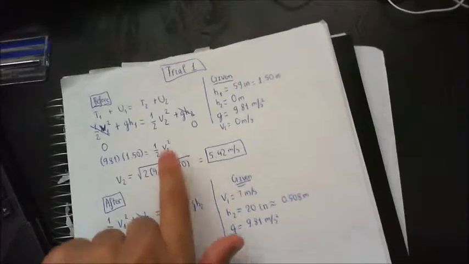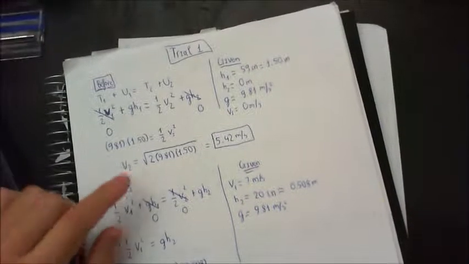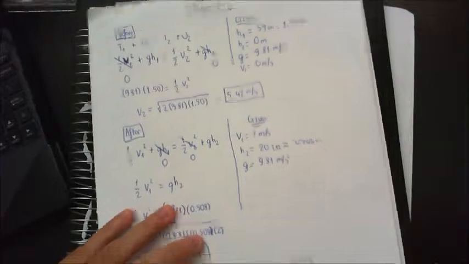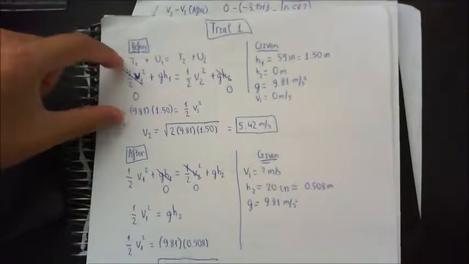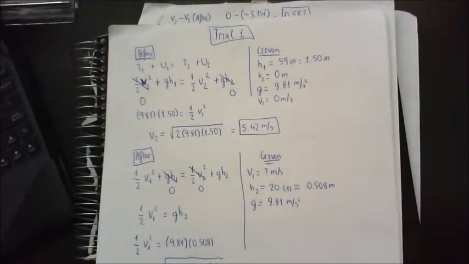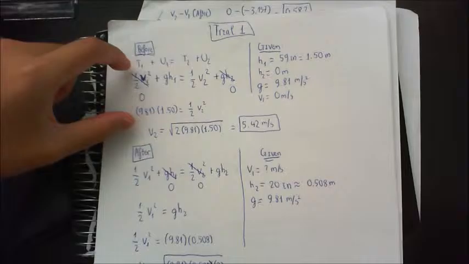That velocity is the one that we have to find, which is not given. We find it through calculation by solving this equation, and there I got 5.42 meters per second. This whole process happens before the ball hits the ground.